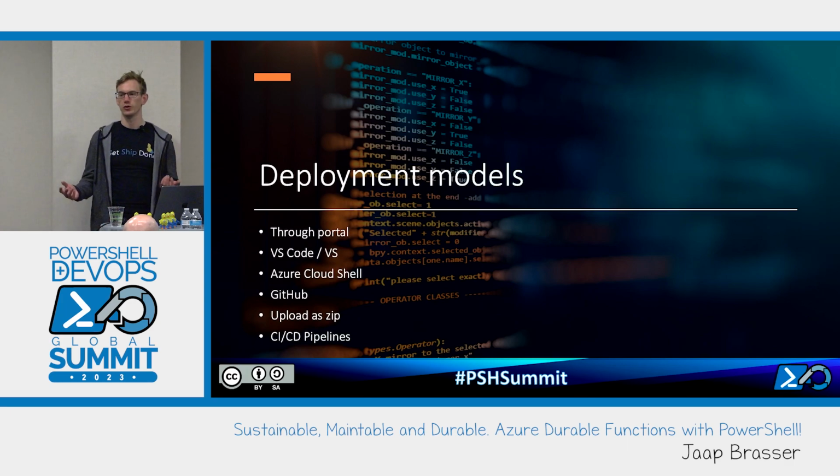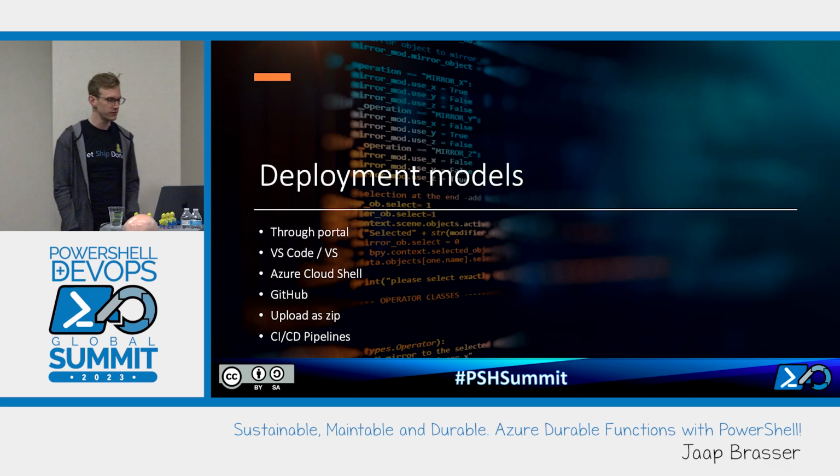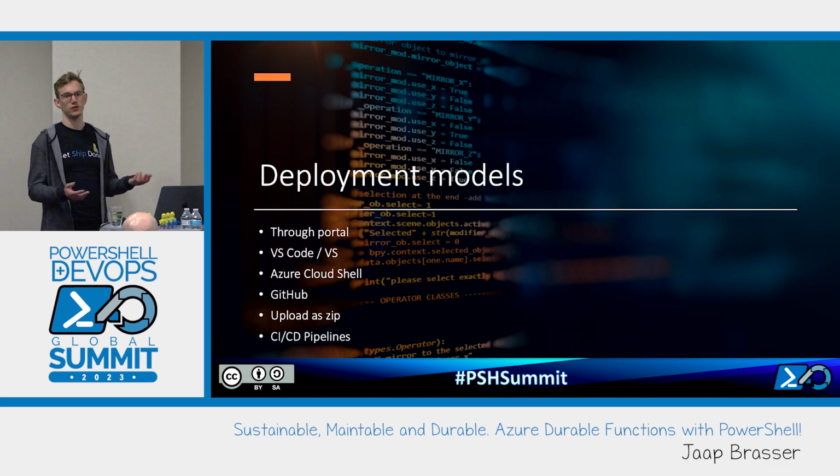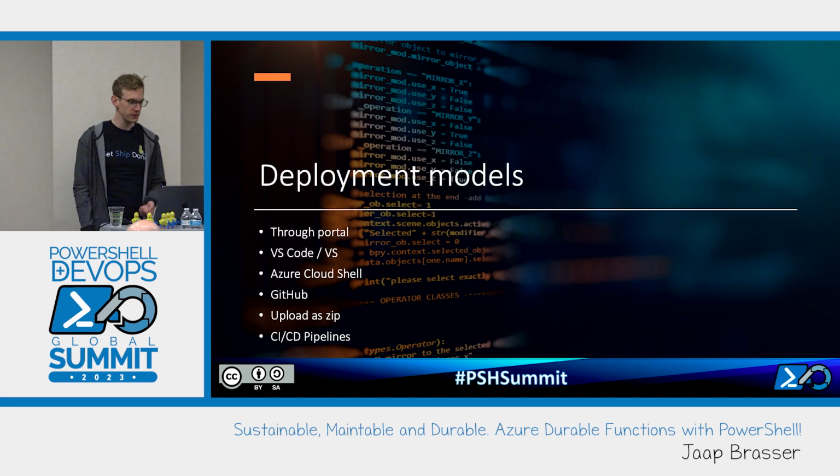Then when we get to deploying Azure Functions, we have a number of options available. We can do it through the portal, which is okay to do the first time you're working with Azure Functions. You can use VS Code or just Visual Studio itself. You can use the Azure Cloud Shell or any command line interface to use Azure CLI or the Azure PowerShell modules to deploy.